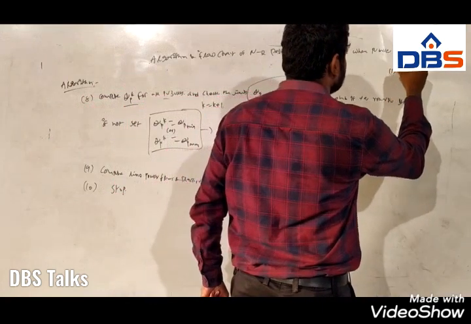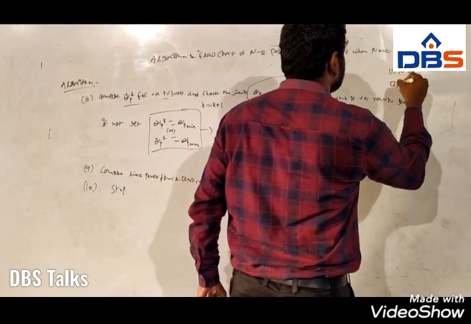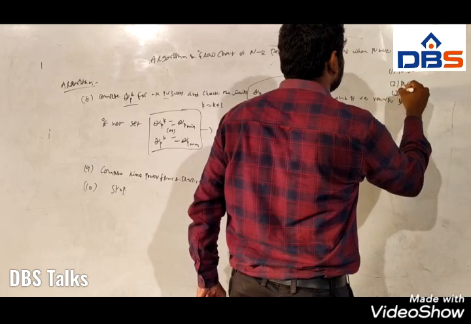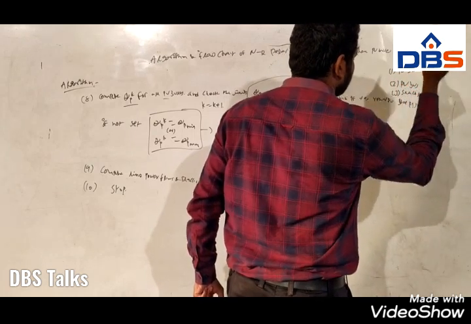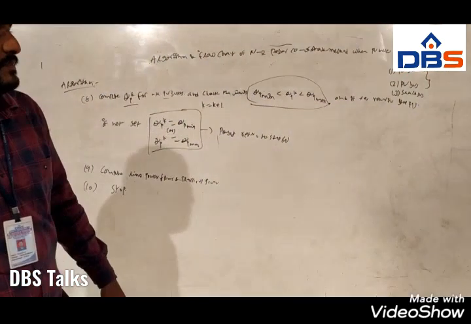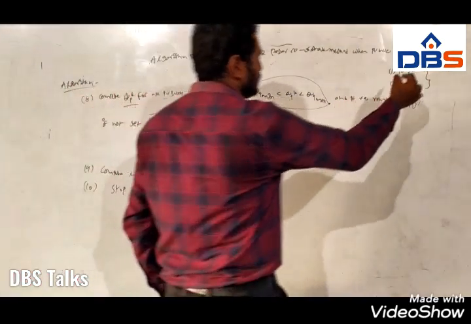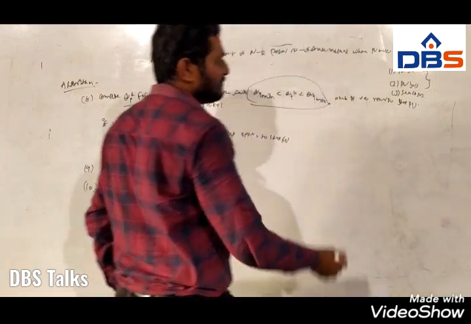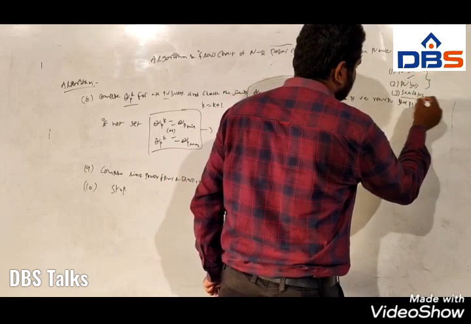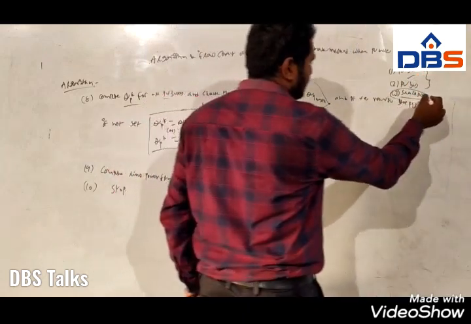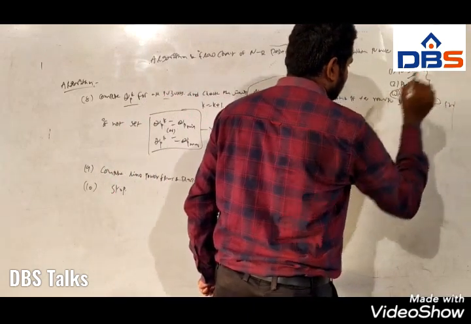We have three buses: the first is the PQ bus, the second is the PV bus, and the third is the slack bus. In this case we are considering two buses, the PQ bus and the PV bus. So we have to assume voltage magnitude and phase angle for the PQ bus, and only phase angle for the PV bus, except the slack bus, because this is the reference bus.